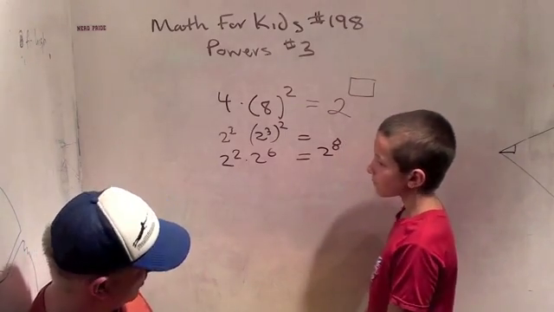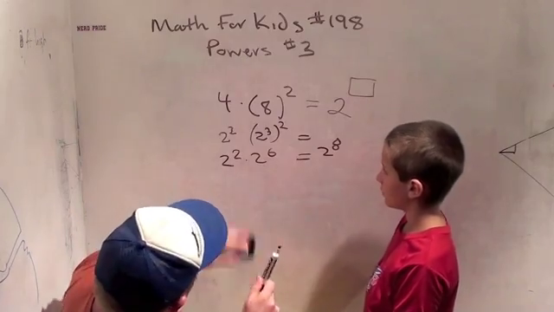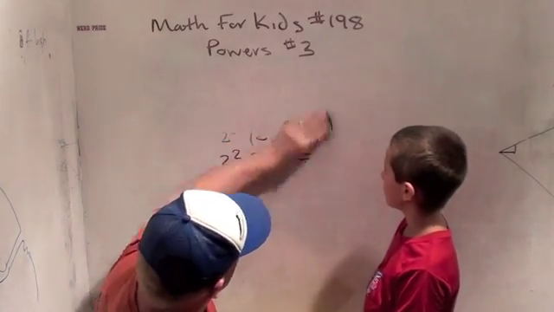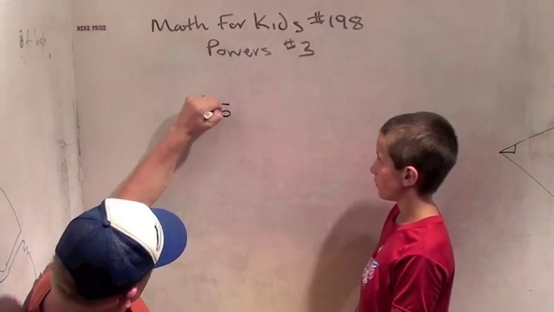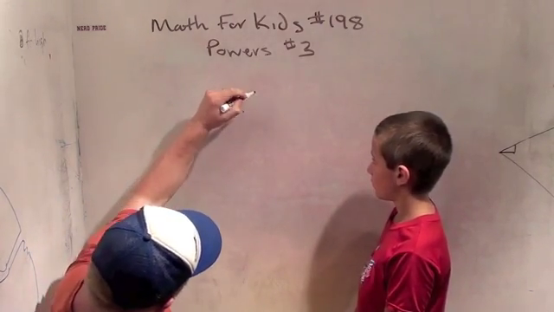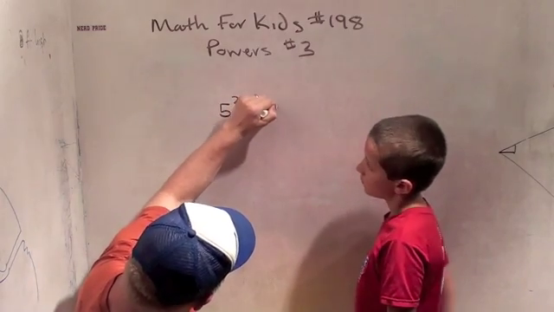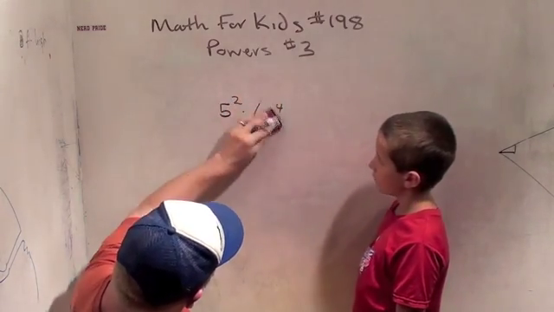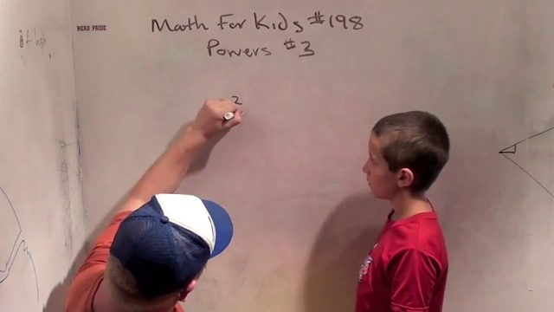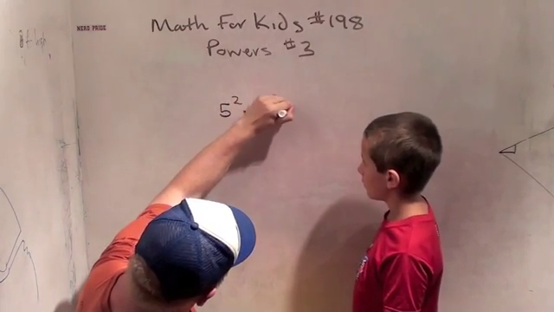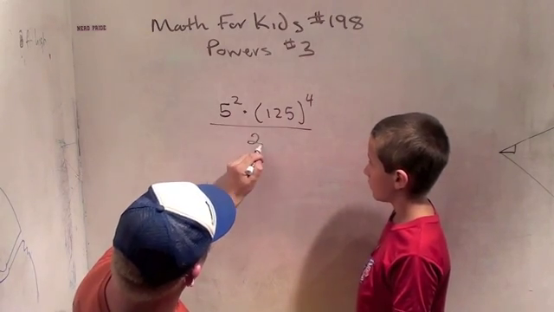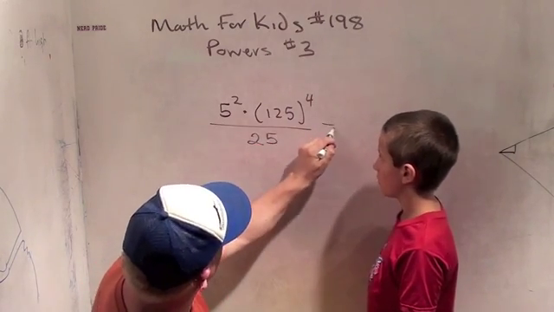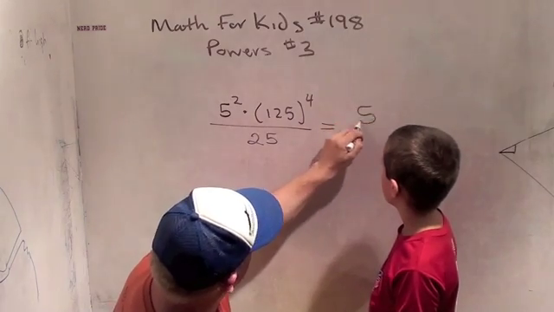Okay, so now let's do one last one. How about 5 squared times 125 to the 4th divided by 25, and I want to write this as a power of 5.